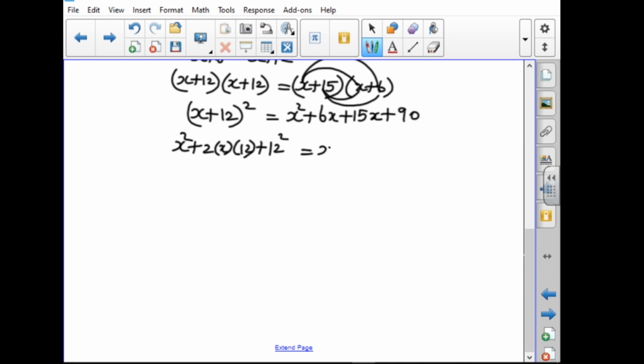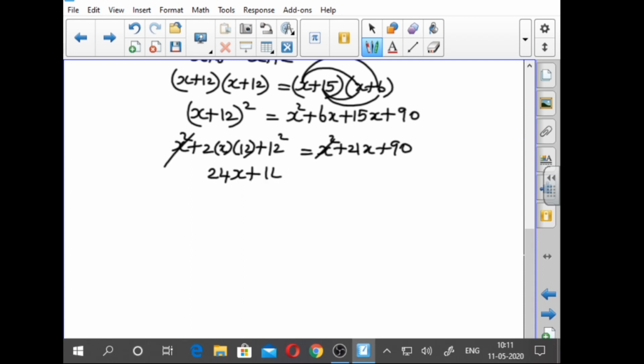This will become x squared plus 21x plus 90. Both the sides x squared will get cancelled. The remaining terms are 24x plus 144 equal to 21x plus 90.